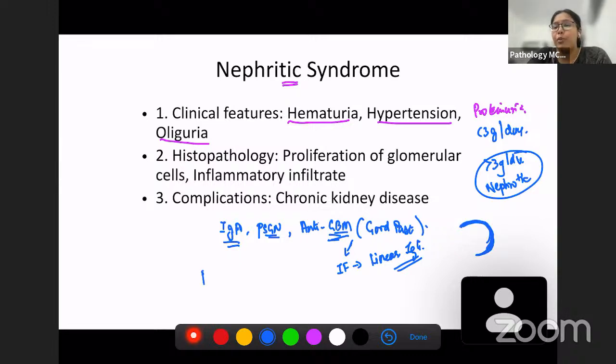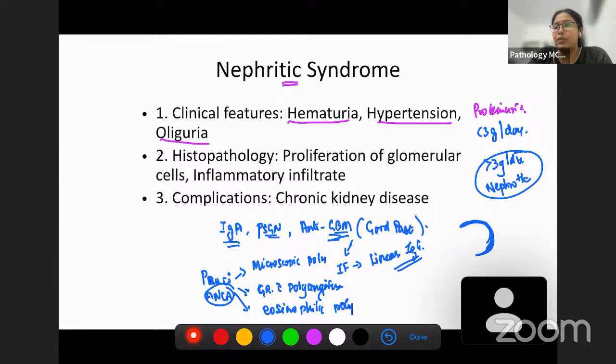And then we can also have pauci-immune diseases. We have 3 important pauci-immune diseases which are nephritic in nature. First one is microscopic polyangiitis. These diseases are also ANCA-associated. Then we have granulomatosis with polyangiitis, which was known as Wegener's granulomatosis, and then eosinophilic granulomatosis with polyangiitis, which was known as Churg-Strauss disease.